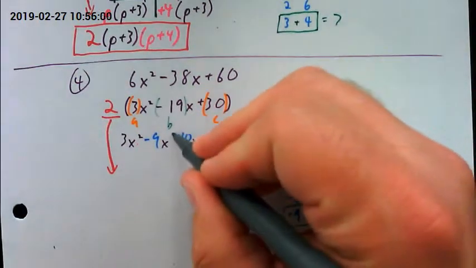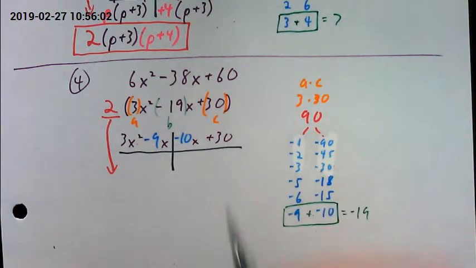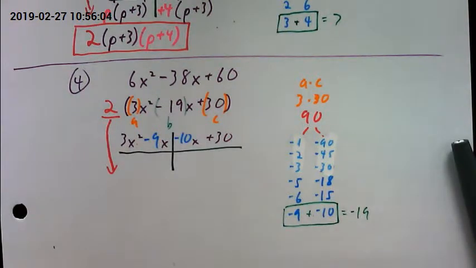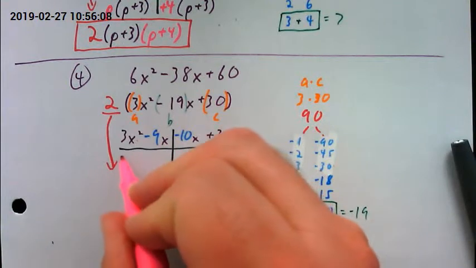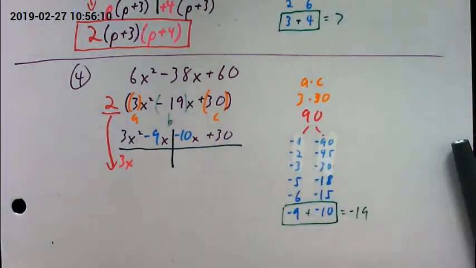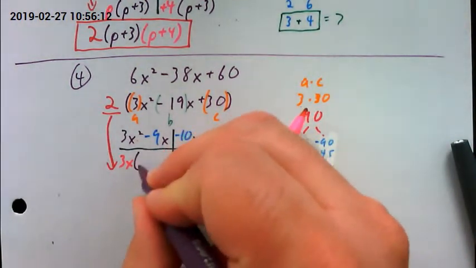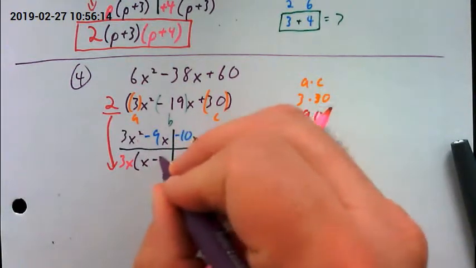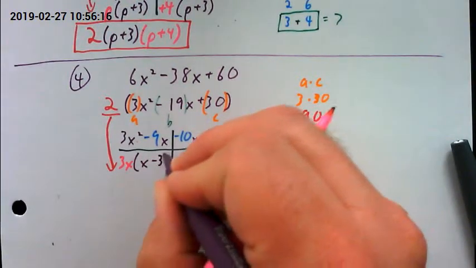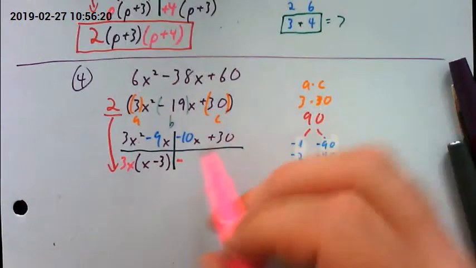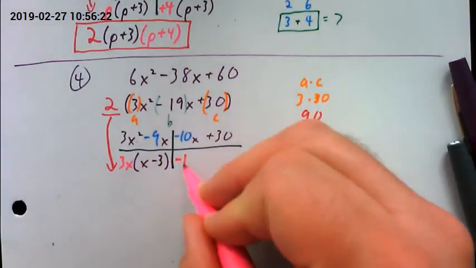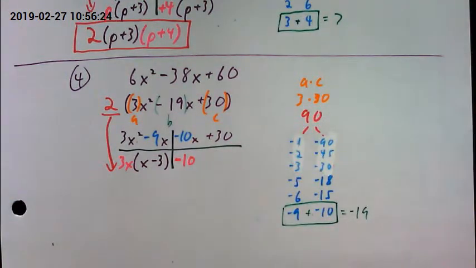Then we go to our factoring by grouping. Split them. Common factor. For these two, we have a 3 and an x that can come out, leaving us with x minus 3. Here we have a negative out in front, so again, it's going to be a negative coming out. 10 and 30 both have 10 as the common factor.